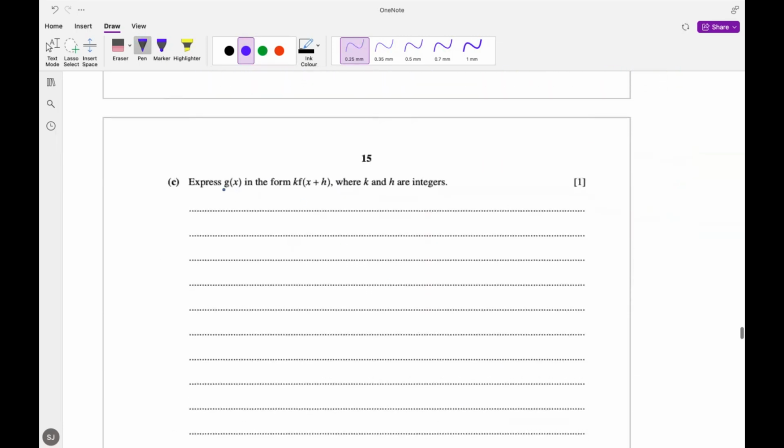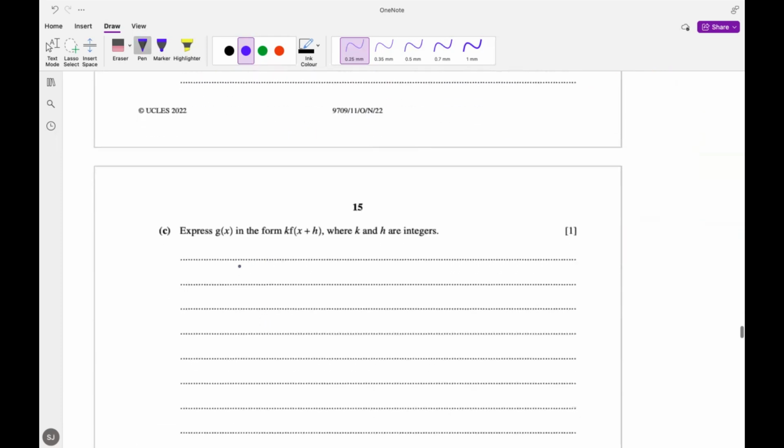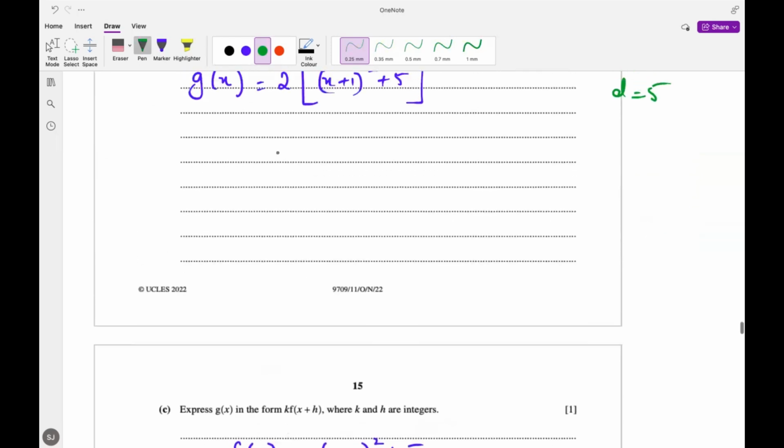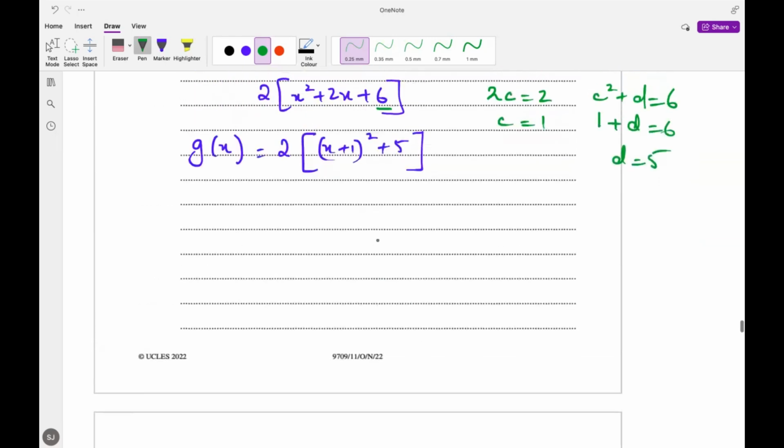In part C, we have to express g of x in the form k f of x plus h. Now f of x was x minus 2 whole squared plus 5. So first let's write f of x equals x minus 2 whole squared plus 5. And g of x, we converted it to the form, so g of x was 2 bracket of x plus 1 whole squared plus 5.